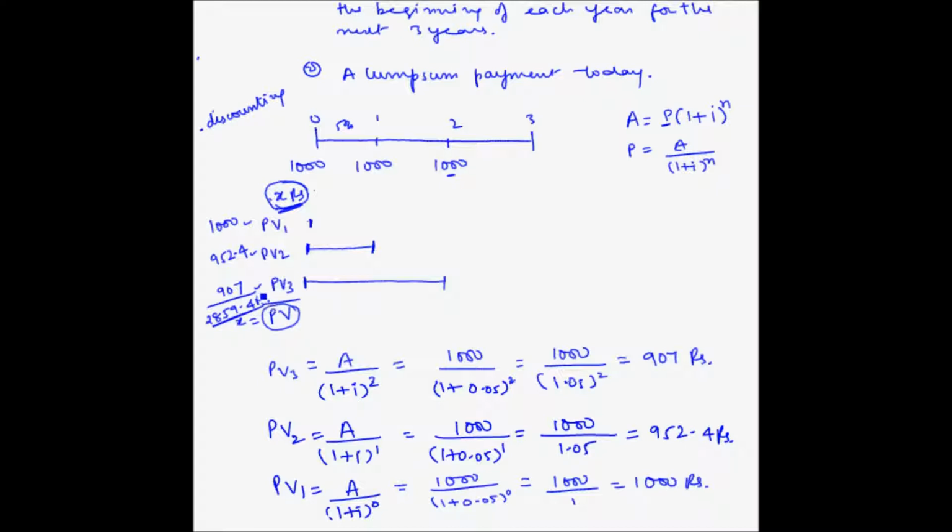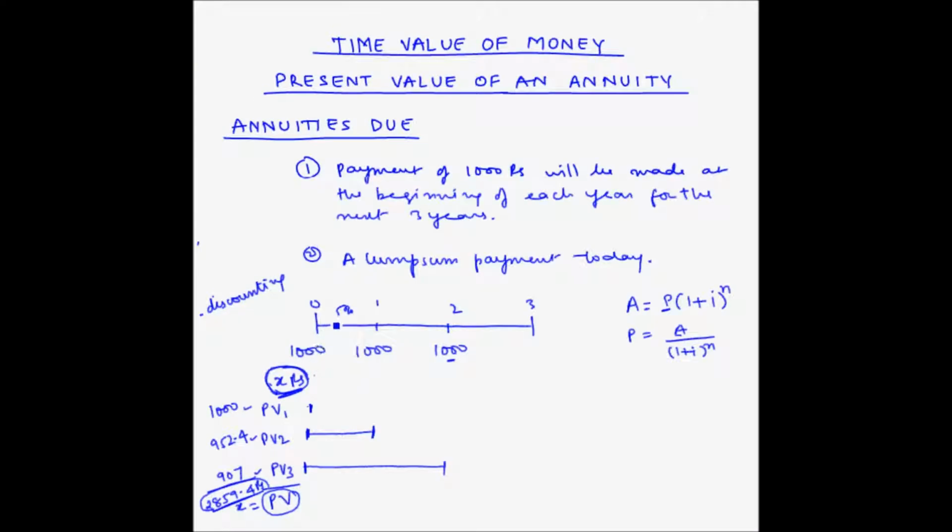So this is the value of this X rupees, which if invested today at 5% interest compounded annually will allow us to withdraw 1000 rupees at the beginning of the first year, 1000 rupees at the beginning of the second year, and 1000 rupees at the beginning of the third year.